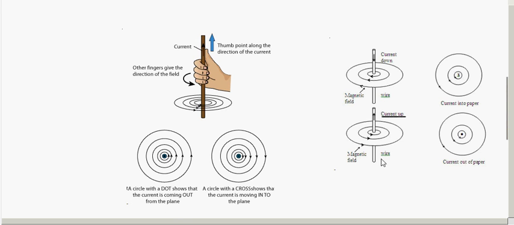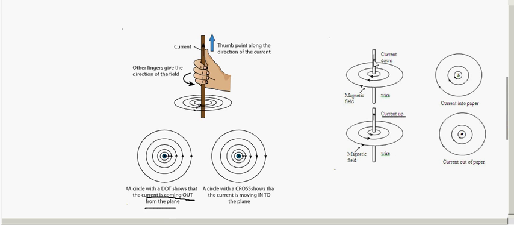If you look with respect to the plane of the paper, the current is emerging out of the paper. So the dot shows that the current is coming out of the plane, and then the field lines will be in the anti-clockwise direction.